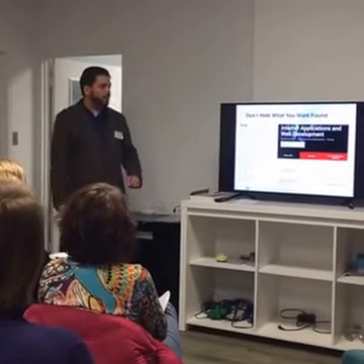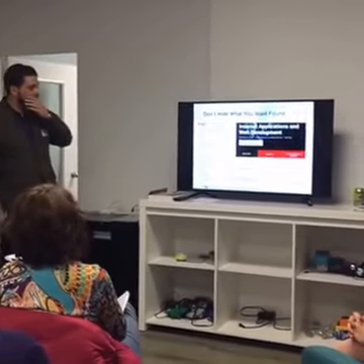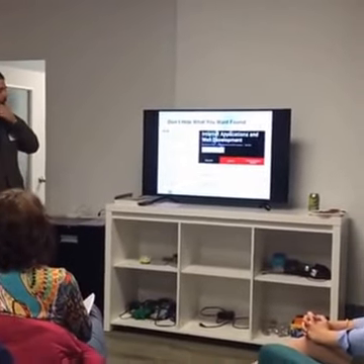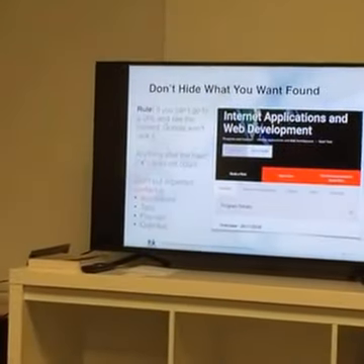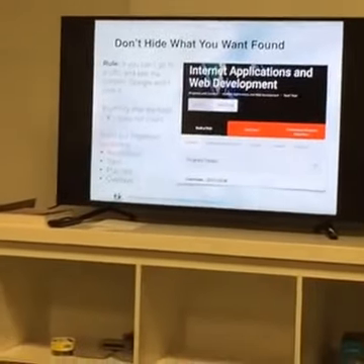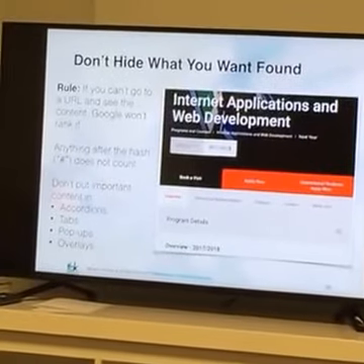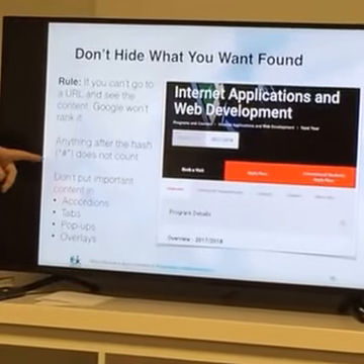Don't hide what you want found. Some of you might recognize this cutoff screenshot site. Basically, if you can't put a URL into the bar and get to the content, and the content displays on the page at load, Google probably doesn't want to rank it. This includes anything after the hash.